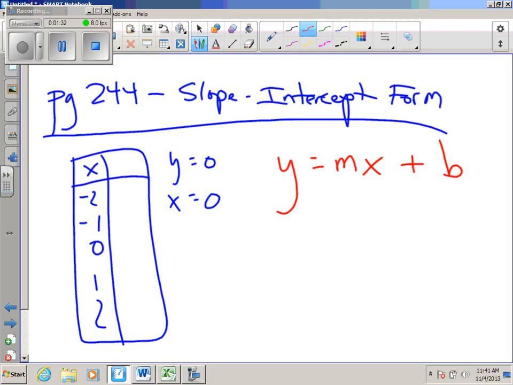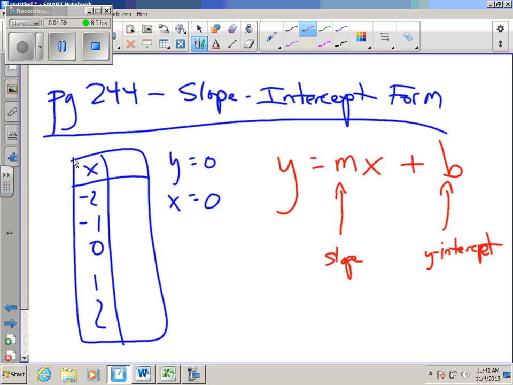So y equals mx plus b is the formula that is in slope-intercept form, where m is your slope and b is your y-intercept.